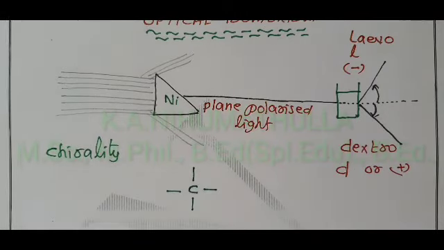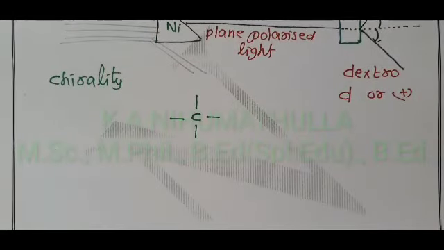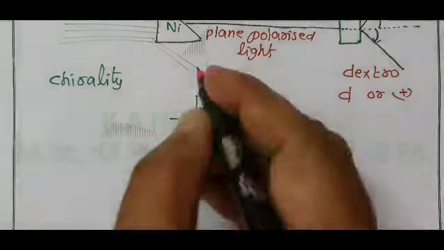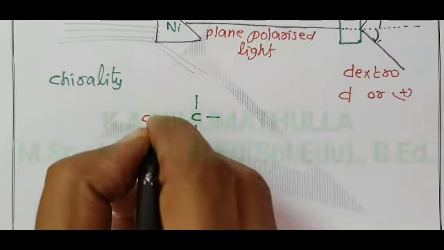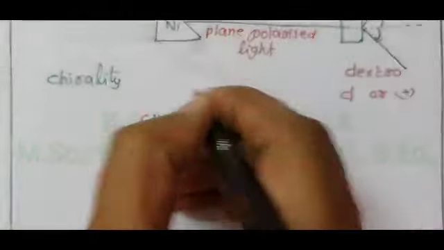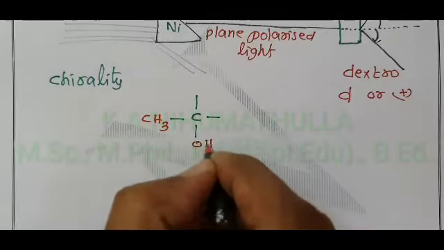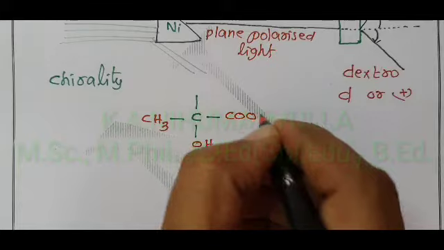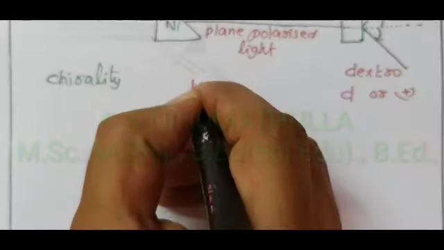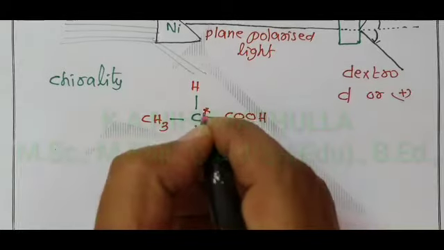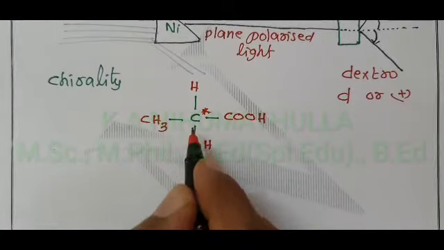Around the carbon atom there must be 4 bonds. If all the atoms and groups attached to this carbon atom are different, this carbon is called chiral carbon.